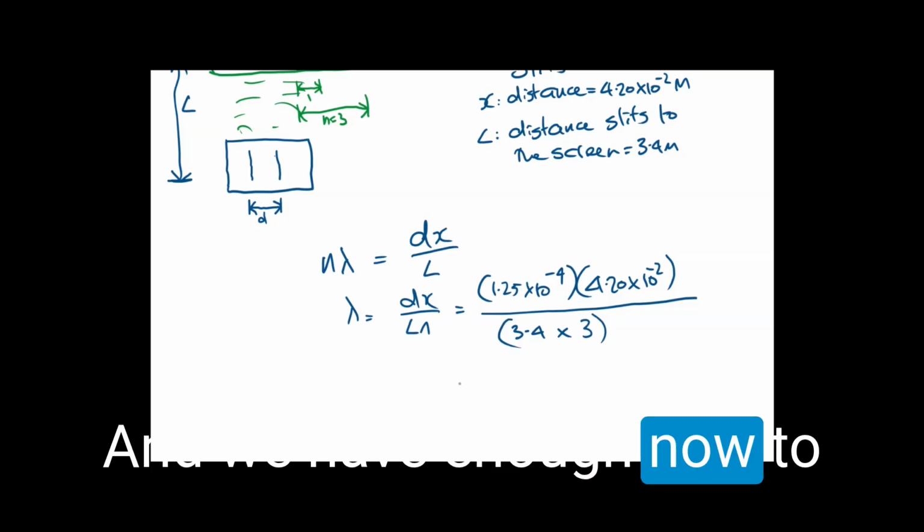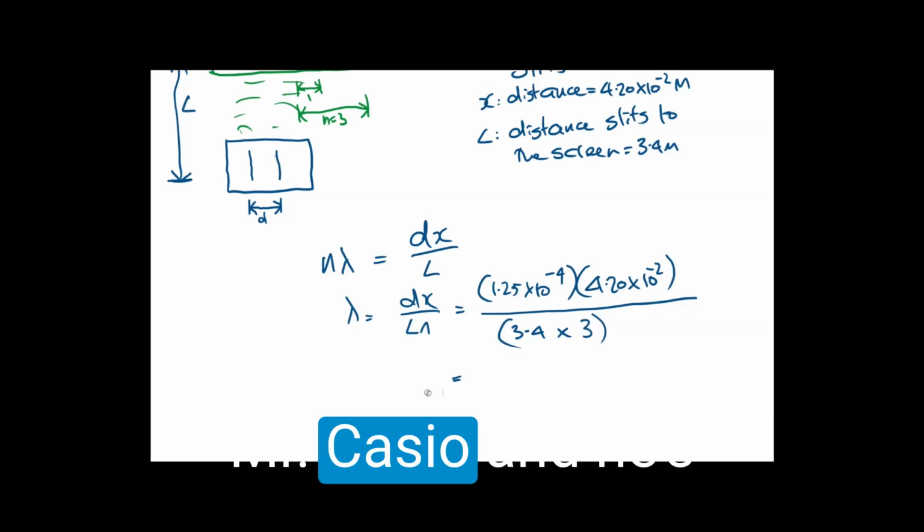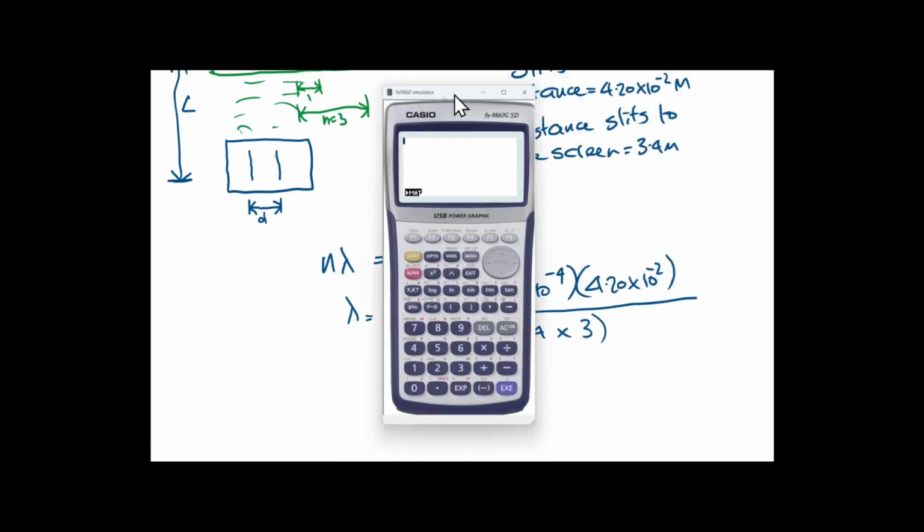And we have enough now to know what we're going to get. So we're going to grab Mr. Cassio and he's going to help us solve it. All right.